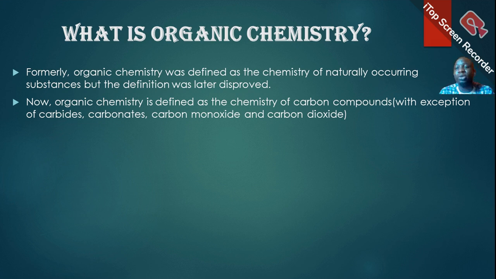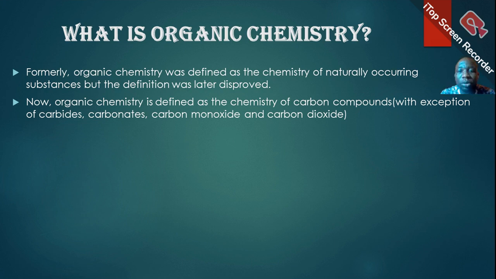So we have some exceptions. Some carbon compounds are not organic. And what are they? Your carbides. Calcium carbide, any carbides are not organic compounds. Your carbonates, talk about sodium carbonate, potassium carbonate, the hydrogen carbonate compounds, they are not organic compounds.